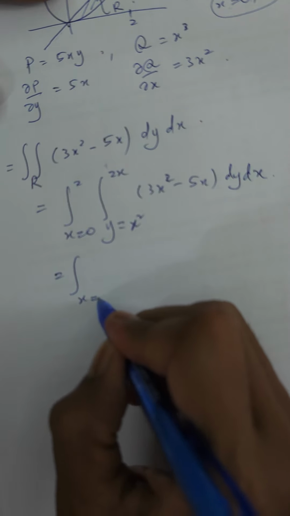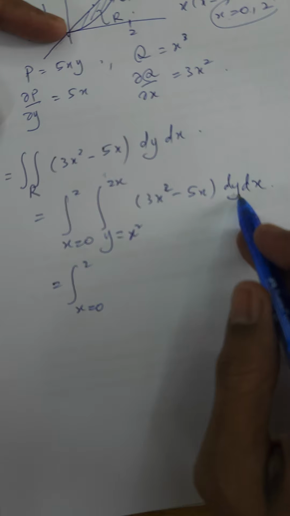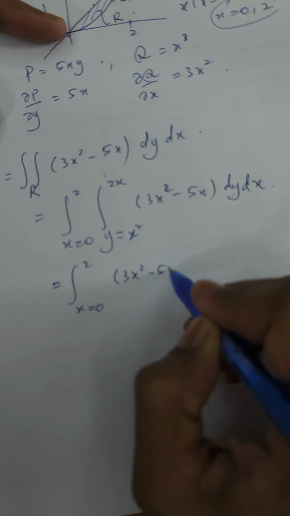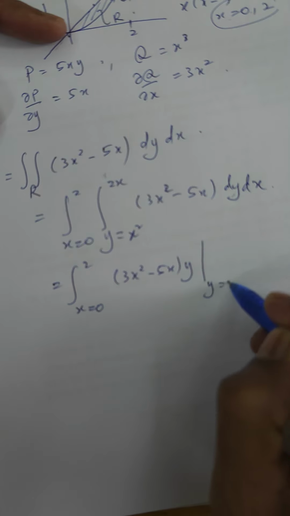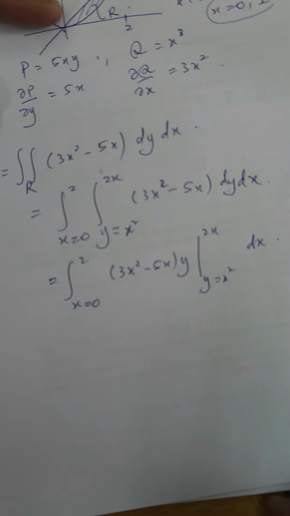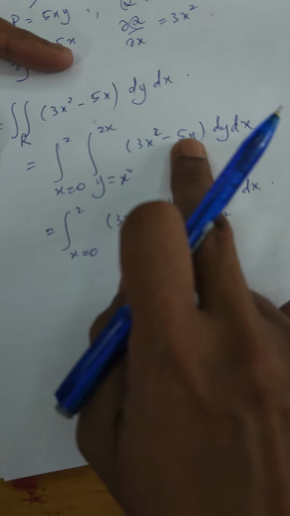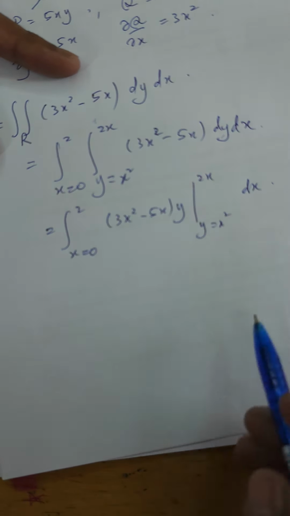Then you can solve this. That's the integral from x equal to 0 to 2. This one we integrate with respect to y, so we have 3x squared minus 5x times y, with y from x squared to 2x, dx. Alright, so I can do this because the integrand doesn't involve any y, so it is a constant with respect to y.